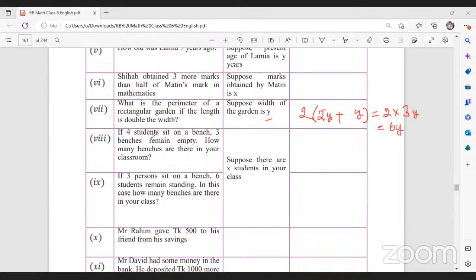If 4 students sit on a bench, 3 benches remain empty. How many benches are there in your classroom?